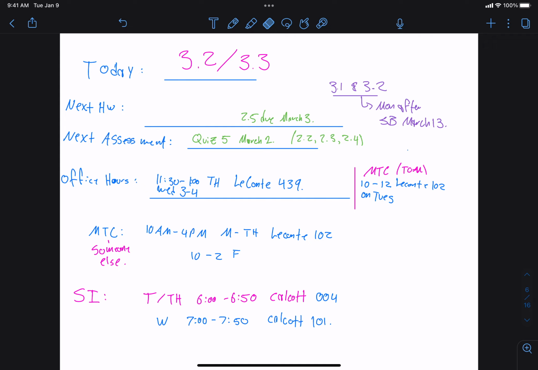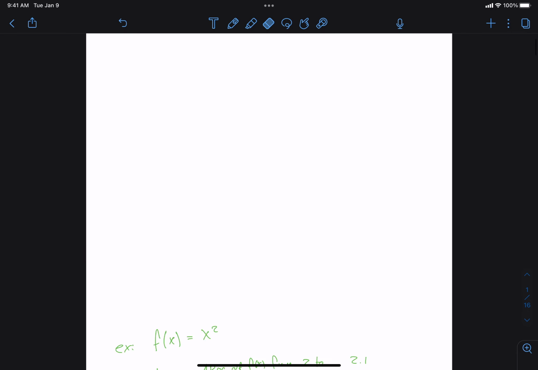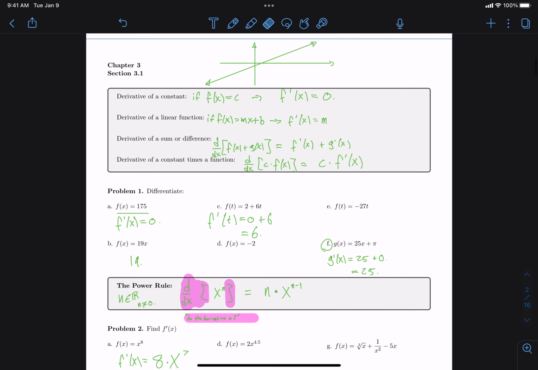Okay, then let me quickly remind you what we've been talking about so far with Chapter 3. So far with Chapter 3, we've been talking about derivative rules. So up until Chapter 3, our only way to compute derivatives was to do average rate of change over very small intervals, and even then it only gave us an approximation of the derivative.